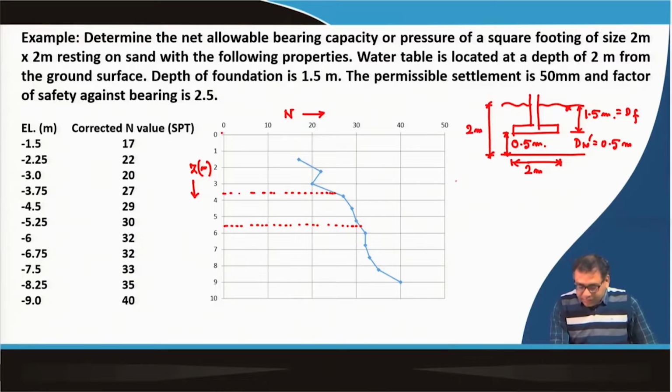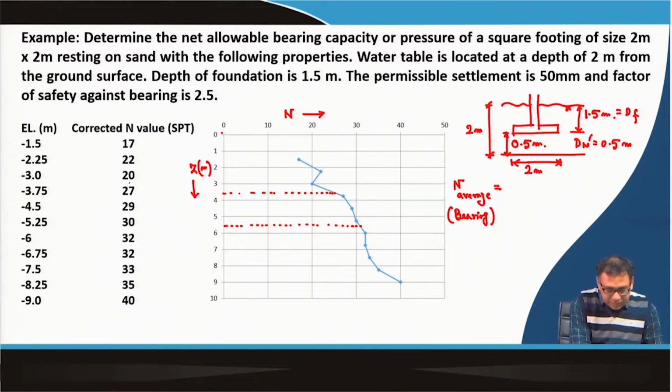Now we have to calculate the average N value. What will be the N average for bearing consideration? We have a 3.5 meter influence zone, which lies in between these readings.